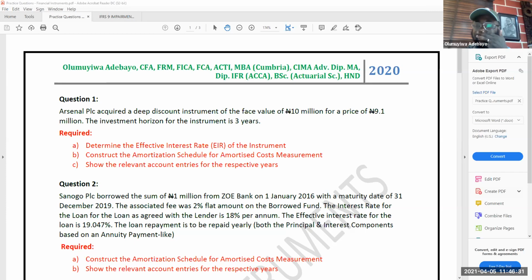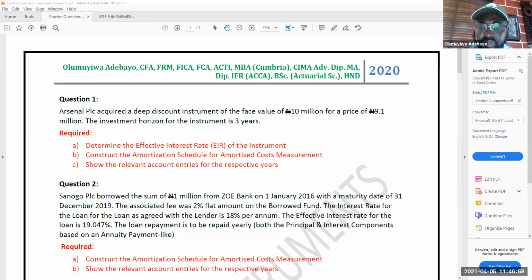From this information, what class is it? It's classified at amortized cost. Yeah, that's correct. At what? Amortized what? Cost.